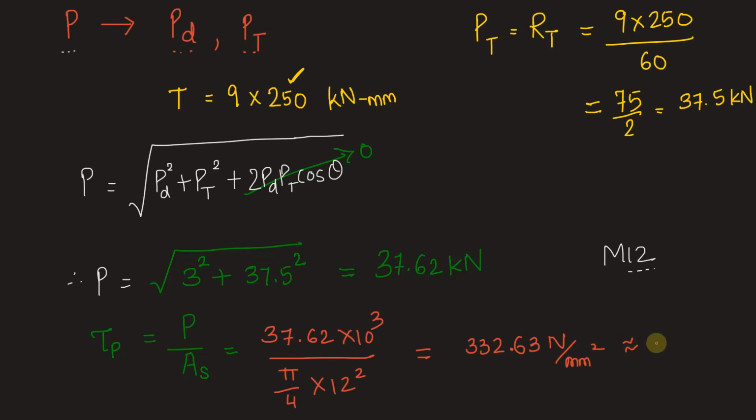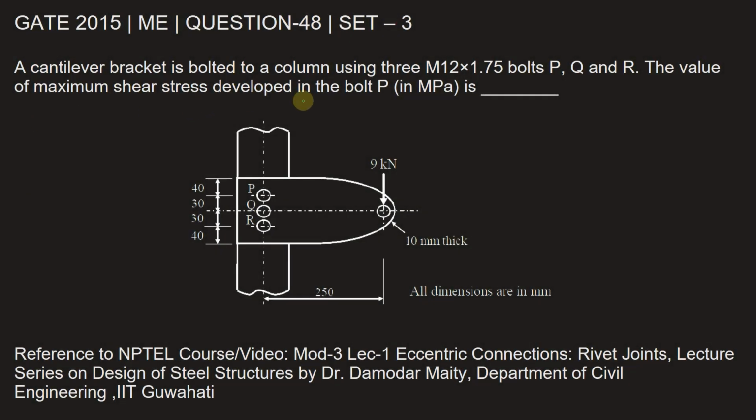This is almost equal to 333 Newton per millimeter square. Newton per millimeter square is equivalent to megapascal. Let's fill in the answer. So the value of maximum shear stress developed in the bolt in megapascal is 333 megapascal.